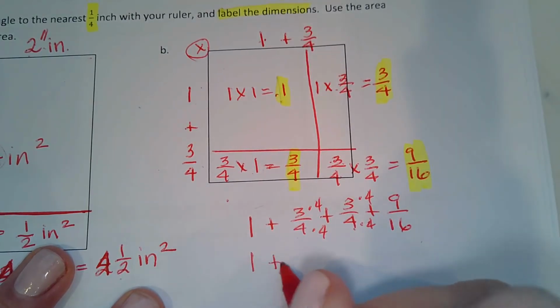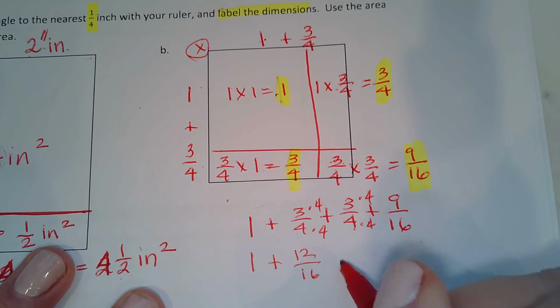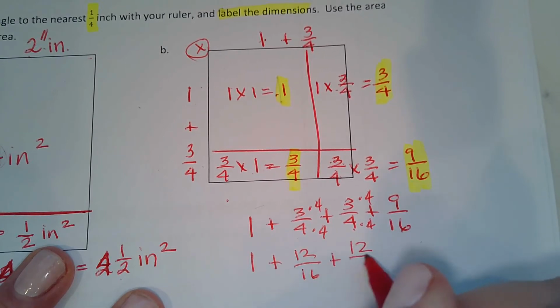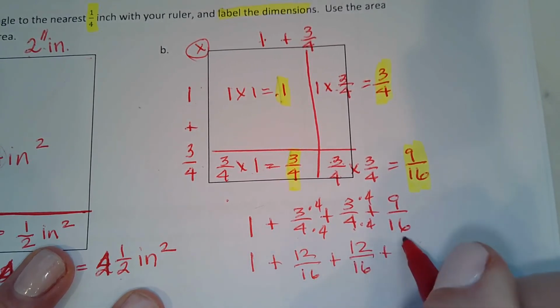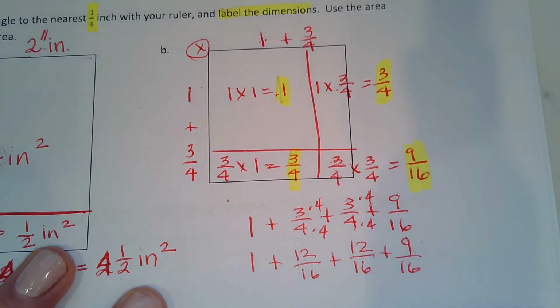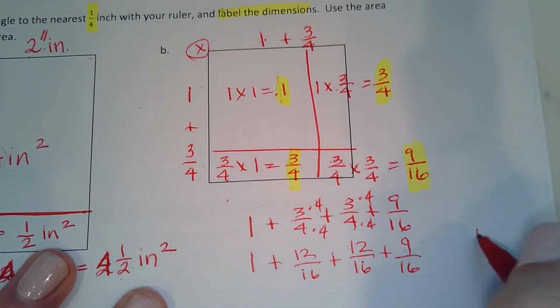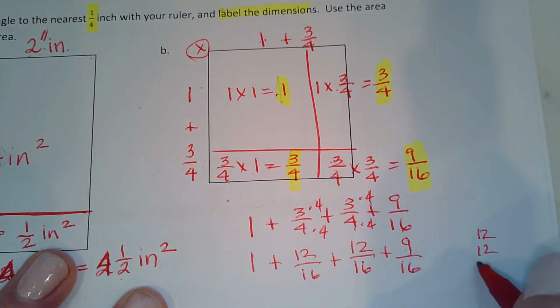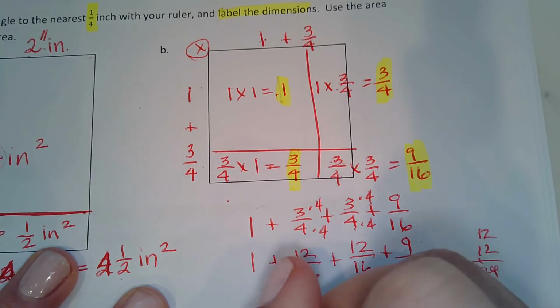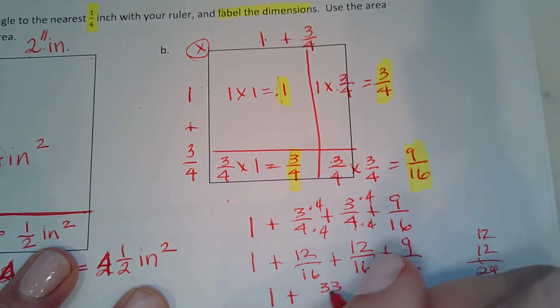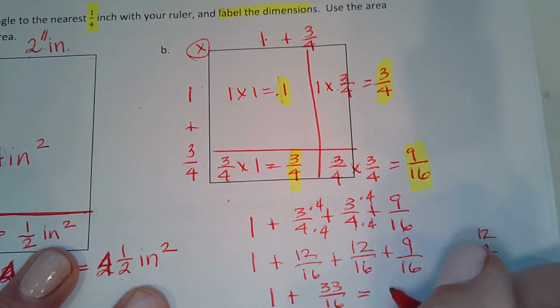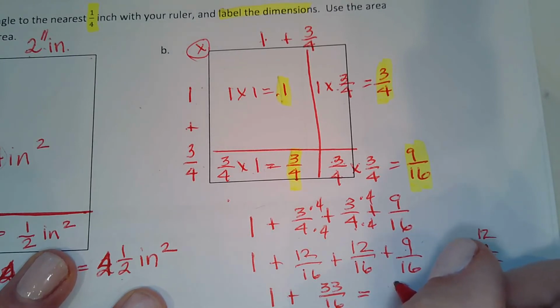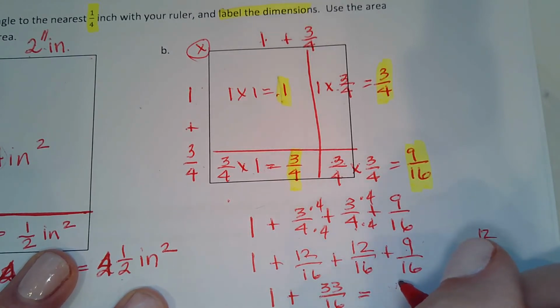Here's 1 plus 12 over 16 plus 12 over 16 plus 9 over 16. Now, you can add the tops. So 12 plus 12 is 24 plus 9 is 33. So this is going to be 1 plus 33/16.